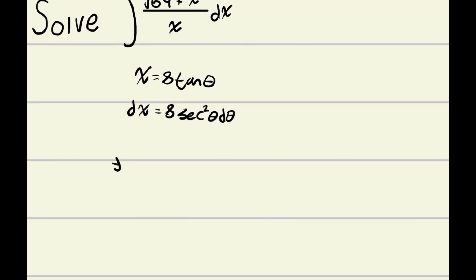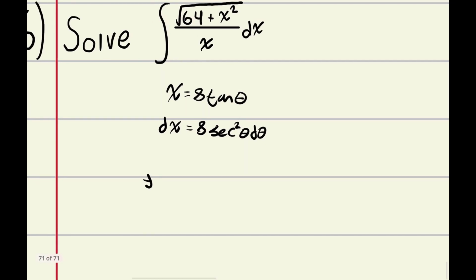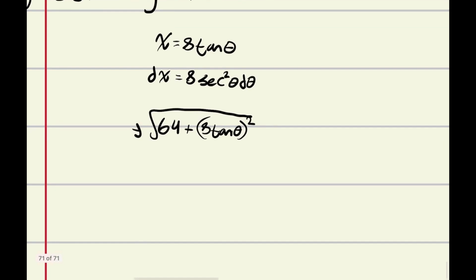So we have the square root of 64 plus 8 tangent of theta squared, which is equal to the square root of 64 plus 64 tangent squared theta.